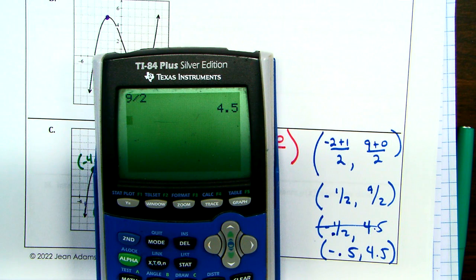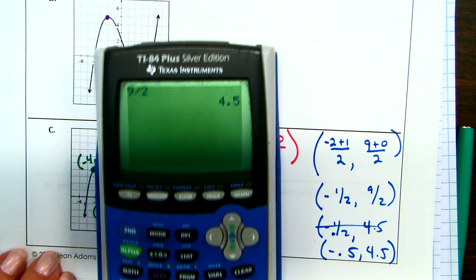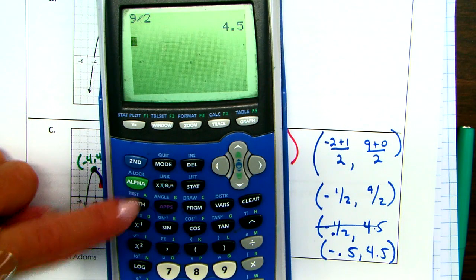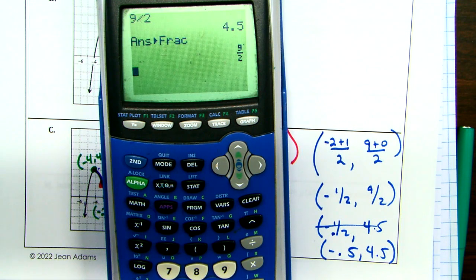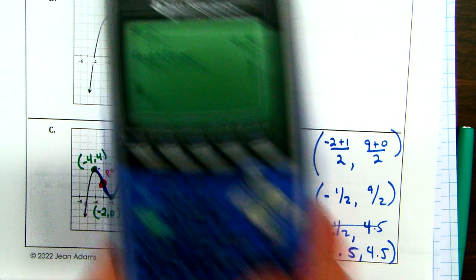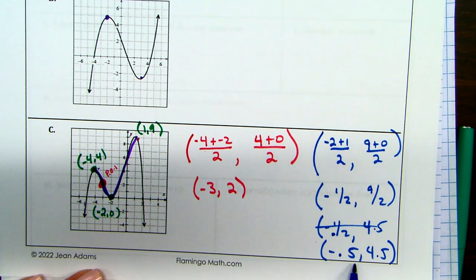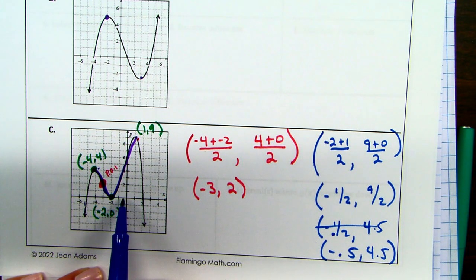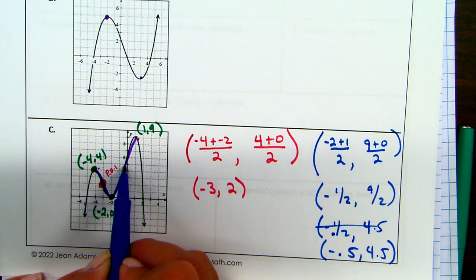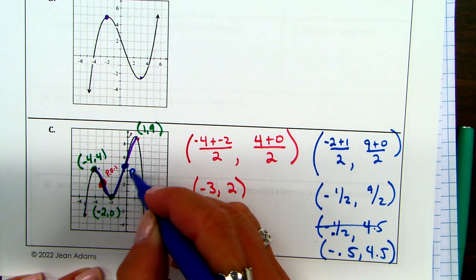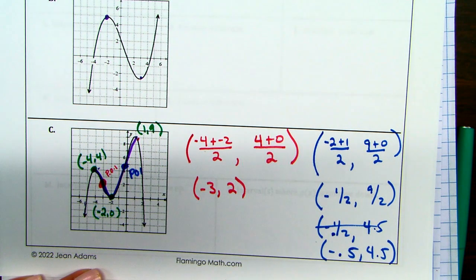It's up to you. You should know, by now even, how to change a decimal to a fraction. It's just math, enter, enter. Oh, there it is, okay? All right, so there's my second point of inflection, -0.5, so to the left a little bit, and then 4.5 would be like right around there. Okay, so it's all about that midpoint for that one.